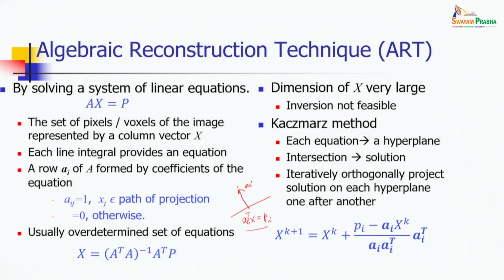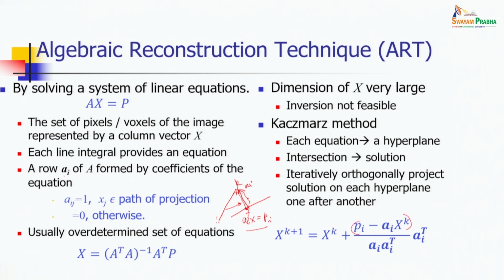So, if you have a point here, xk, and I orthogonally project, my point should move along this direction, because this distance is pi. This is the vector from the origin, this is x. So this plus this will be the movement towards it.